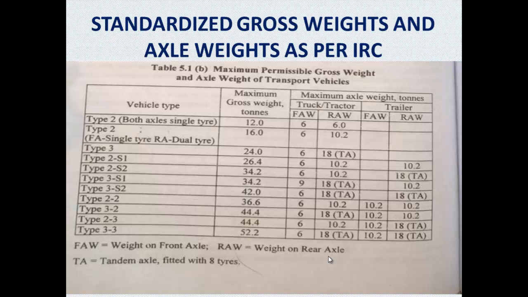If you can open that slide also, the different types of vehicles, the 2S1, 2S2, you can see them, and accordingly you can see the maximum permissible gross weights and axle weights on the right hand side of the table, given in terms of the weight on front axle, the weight on rear axle, and the tandem axle, as you can see on the screen. So this was the weight of the vehicle, one of the static vehicular characteristics.